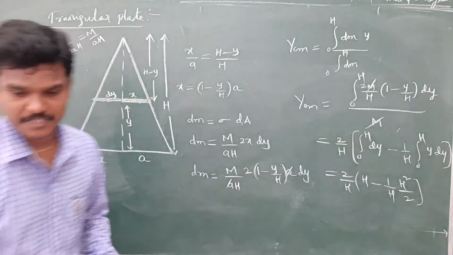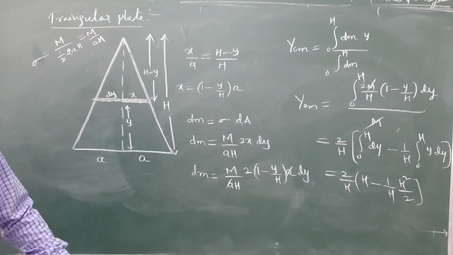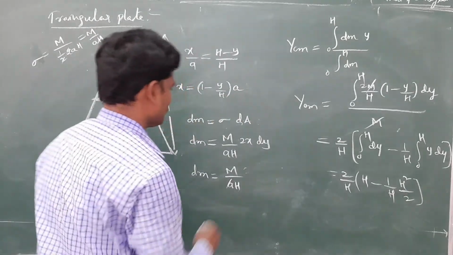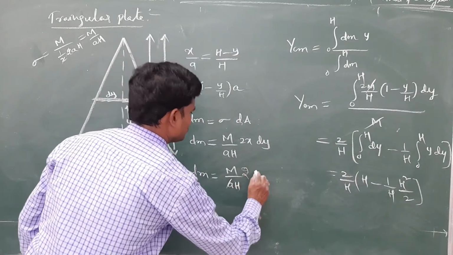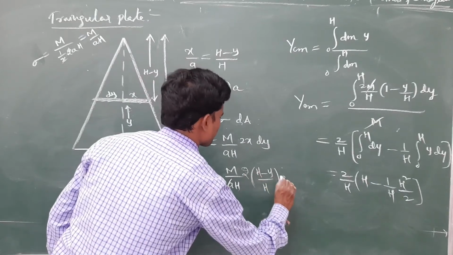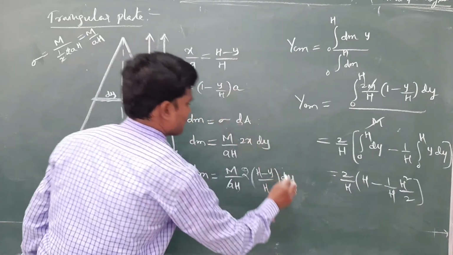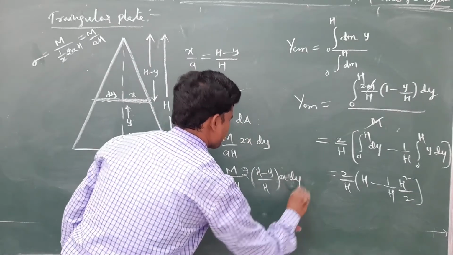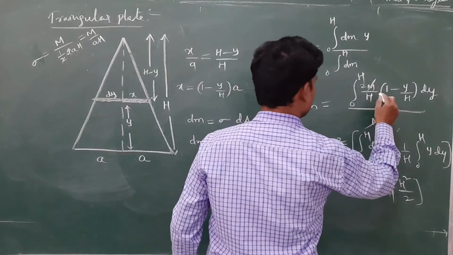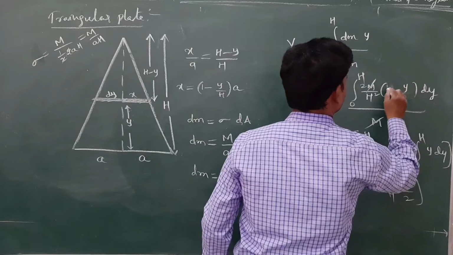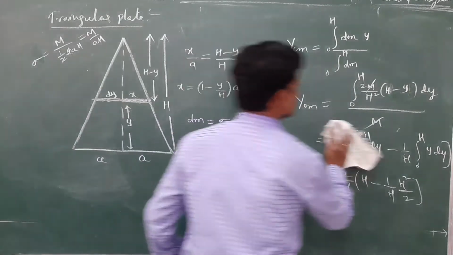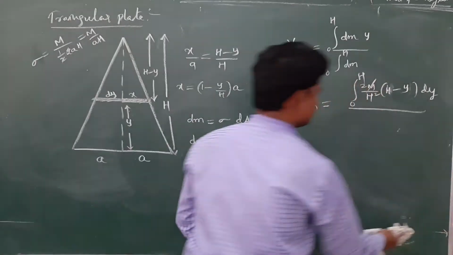So m by h, 2 into h minus y by h, so a gets cancelled, and 1 h will come here. So let me write 2m by h square, h minus y dy. Only calculations are missing here.